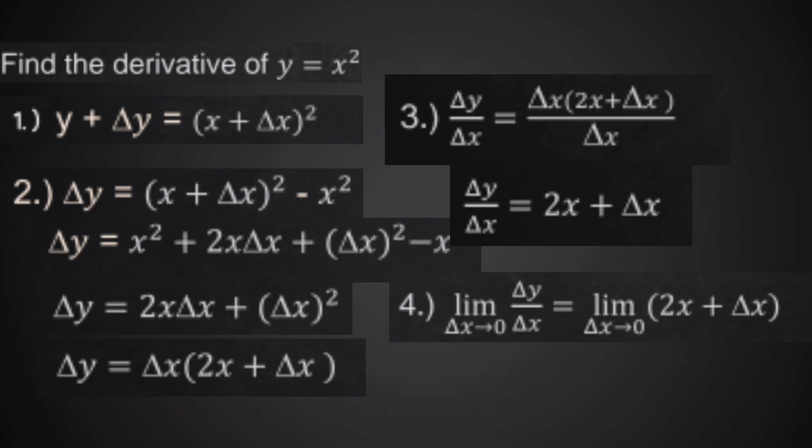And we know that the limit of delta y over delta x as delta x approaches 0 is equal to dy over dx, and the limit of the other one is simply 2x by substituting 0 for delta x. And that's it.